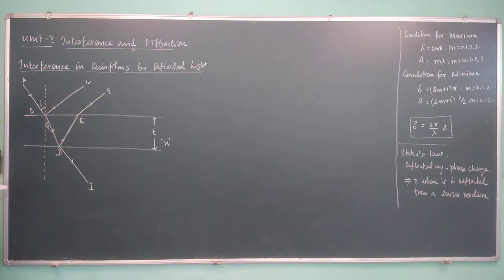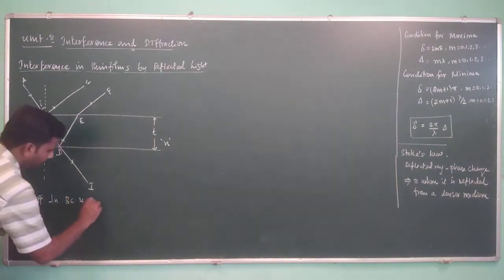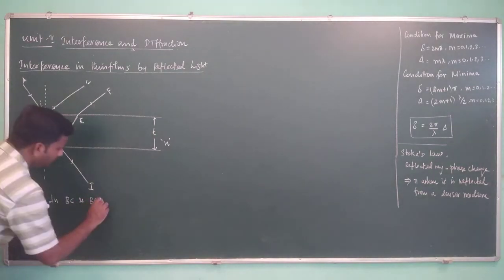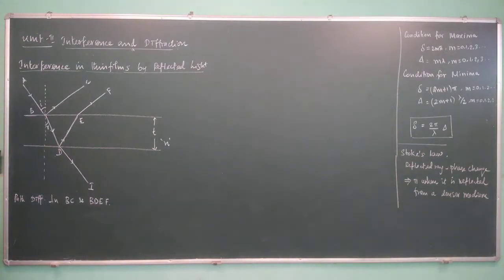So we need to calculate the path difference between BC and BDEF, right?